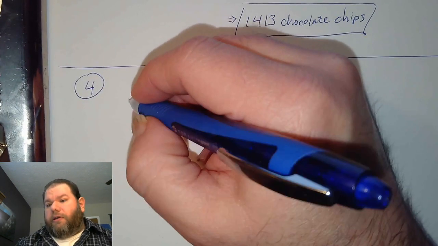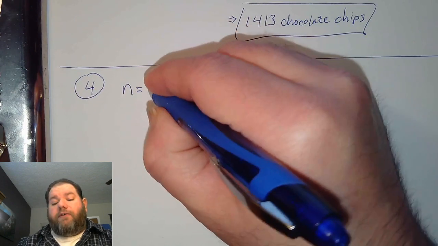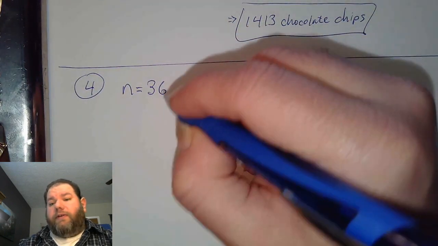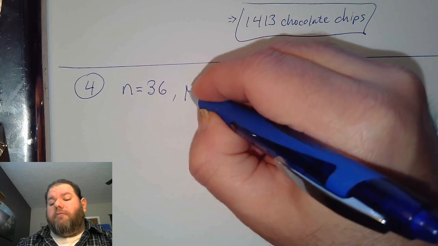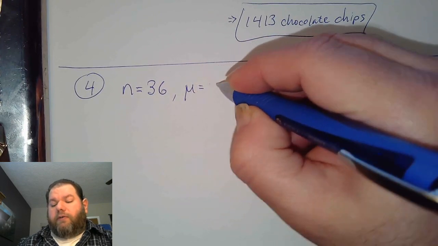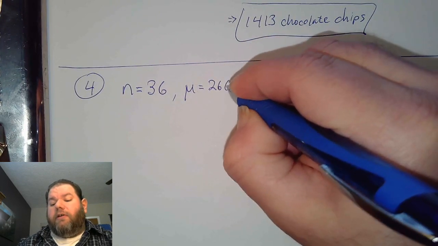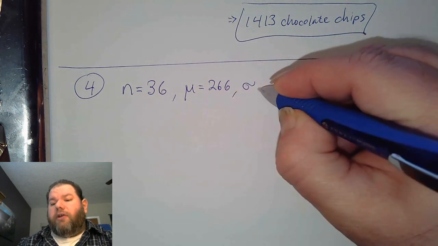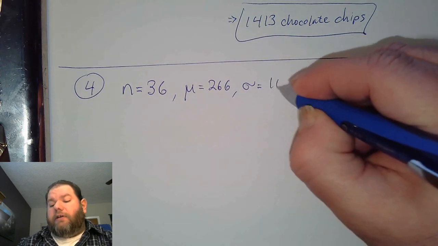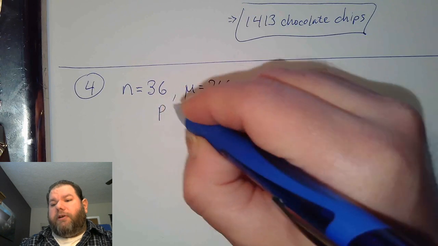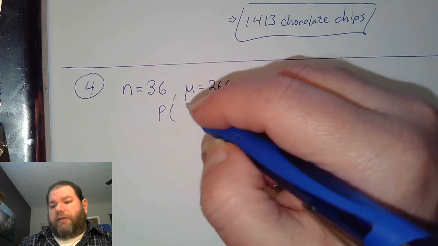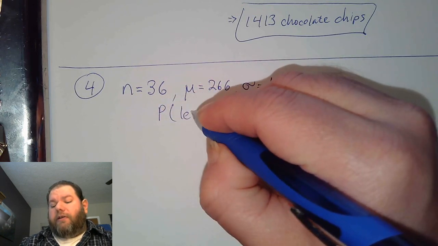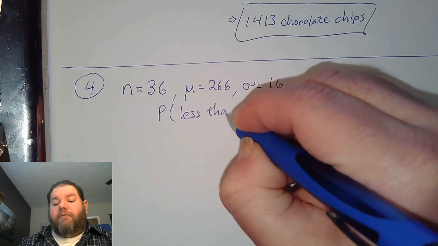So our sample size is the first thing we're given, n is 36. Our mean, mu, is 266. And our standard deviation is 16. And we want the probability that the average length of pregnancy is less than 270 days.